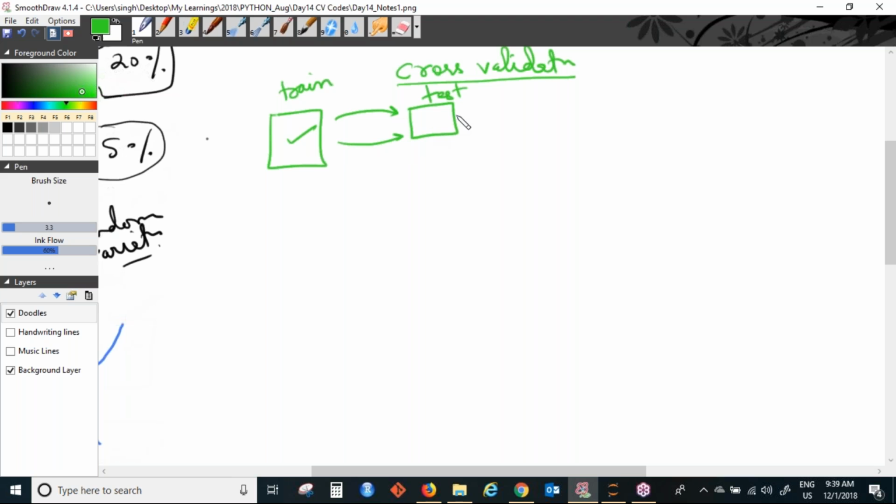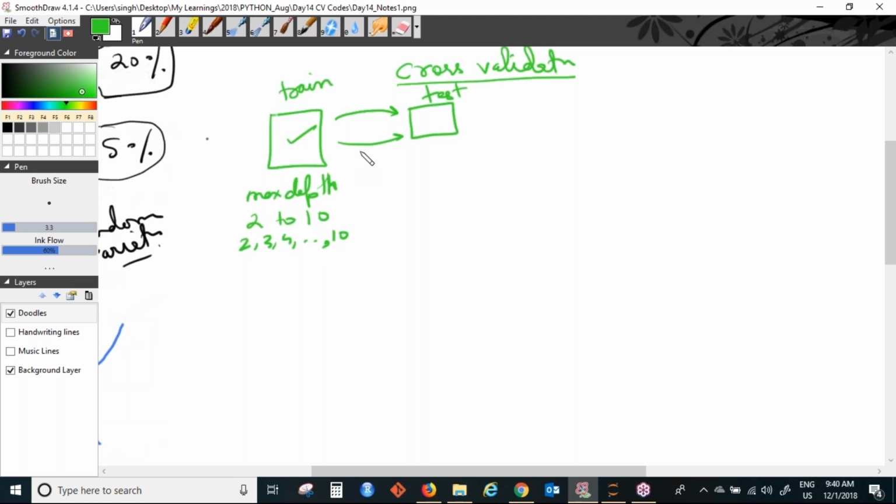We check the accuracy on the test data for different values of the parameters. Let's say max depth. I'm just talking about max depth for now, but the same concept applies to min samples leaf also. Let's say for max depth you start from 2 to 10, so 2, 3, 4, all the way till 10.